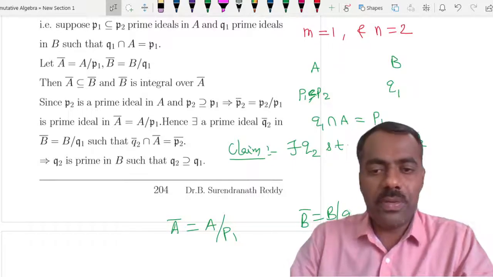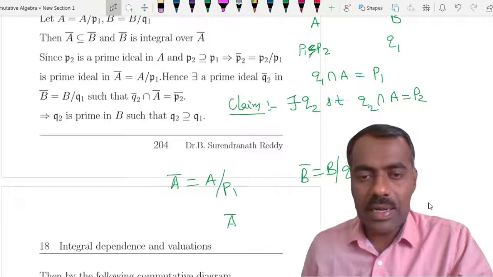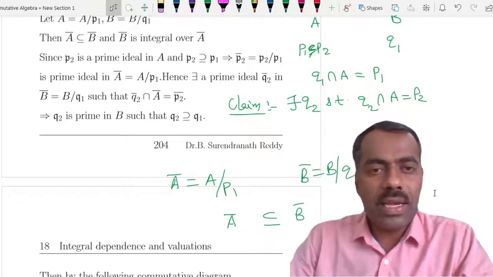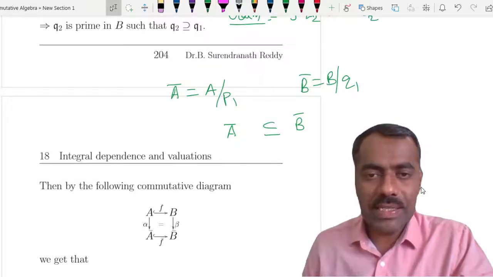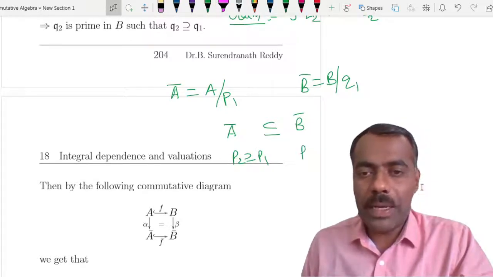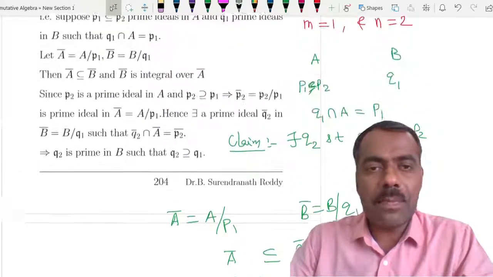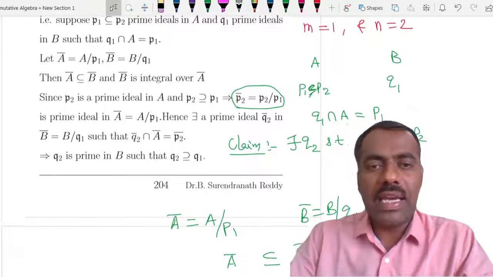Since B is integral over A, B bar is integral over A bar. Then P2 contains P1, so P2 bar, which is P2 upon P1, is a prime ideal.